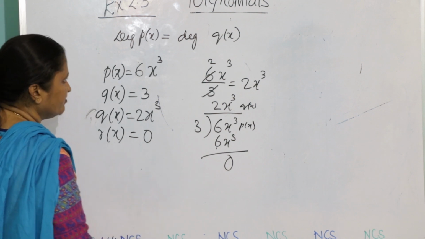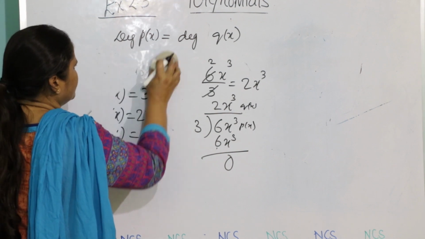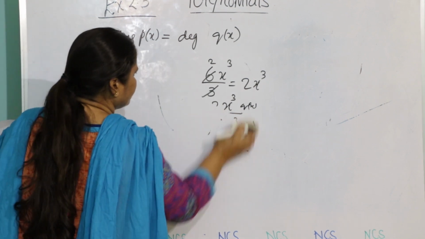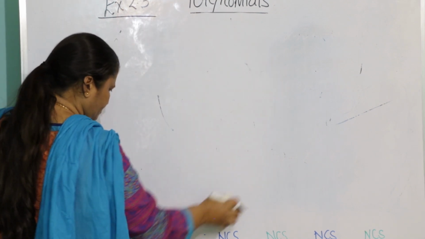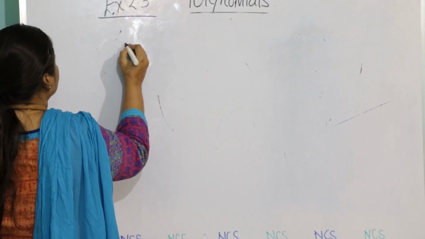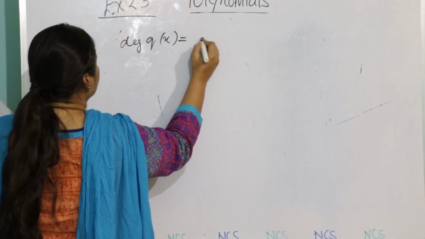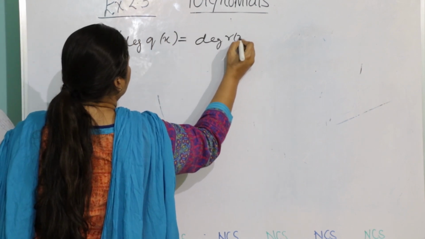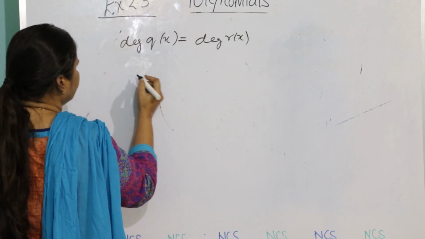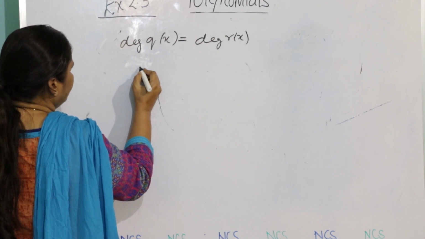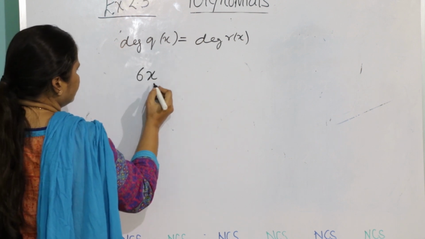Like this, we can create polynomials for the other conditions also. I will just show you for the other conditions. Use a single term polynomial, no problem. Degree of q of x is equal to degree of r of x. So when do we get degree of q of x and degree of r of x the same? Now let us say, for example, you have a single term polynomial 6.